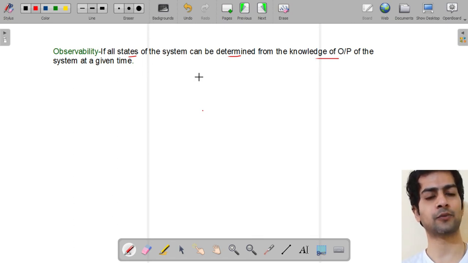These two things are important in control system for the designer who wants to design a control system, because every designer would love to control its states, and every designer should want to observe the states of the control system.